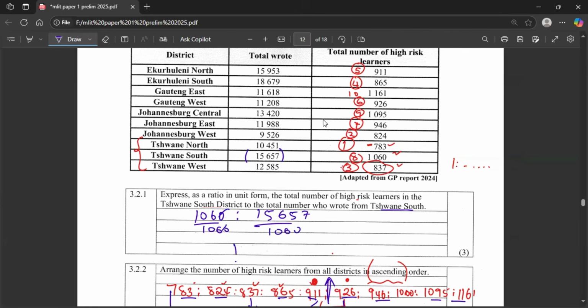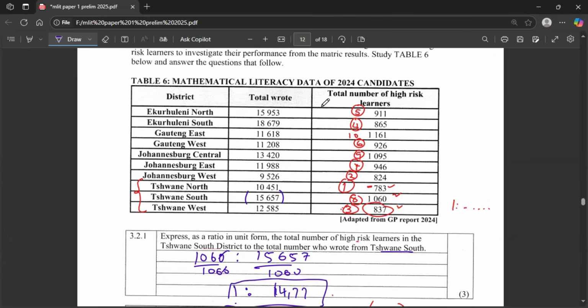This cancels that, that's a 1. Okay, when I divide this, 15,657 divided by 1,060 becomes 14,77. So this becomes the unit ratio.